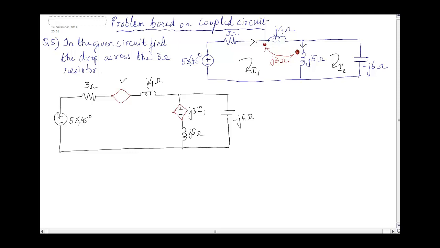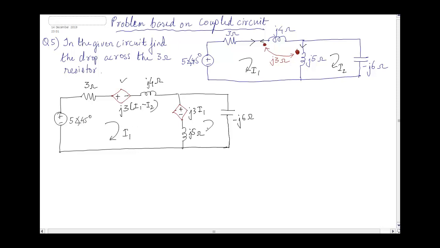If it is leaving the dot, the current should flow in this direction, so it should be negative here and positive here, and the value will be based on the J3 mutual inductance and the current flowing, which is I1 minus I2. So we have drawn the circuit.